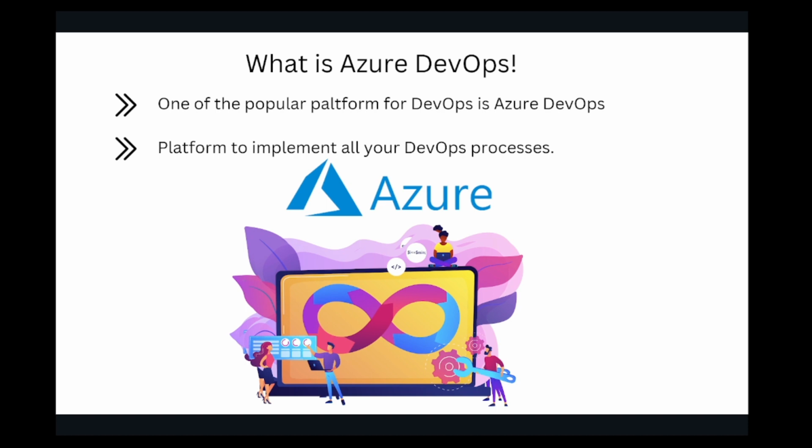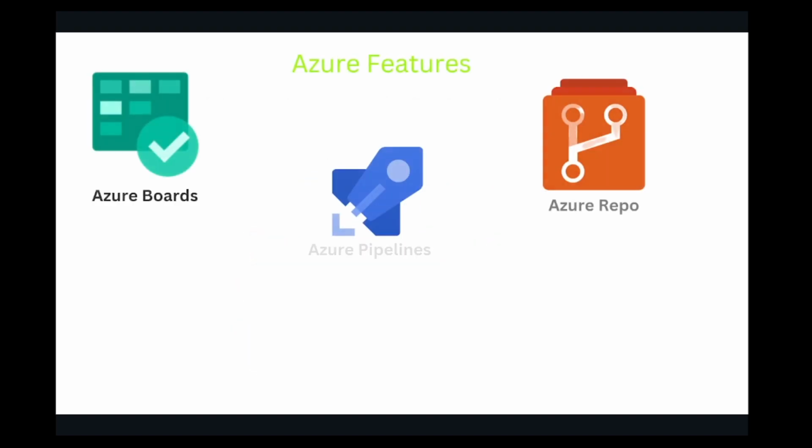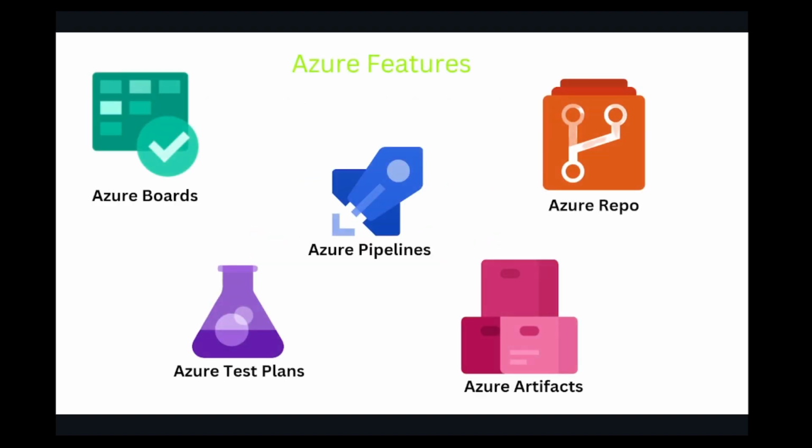It tries to make your development process as simple as possible, while also automating it. So that's what Azure DevOps is all about. Coming to Azure features, there are various features that Azure is providing, like Azure Boards, Pipelines, Repos, Test Plans, Artifacts, and many more. We will be looking at these features when we do our practical right after this.